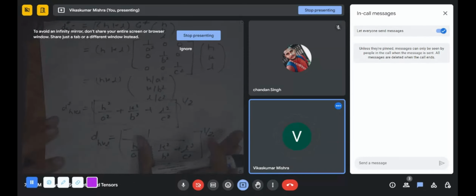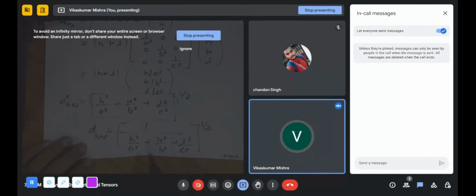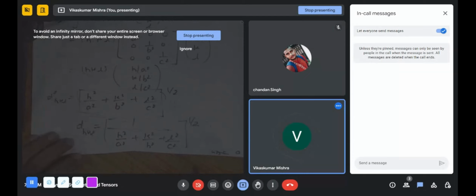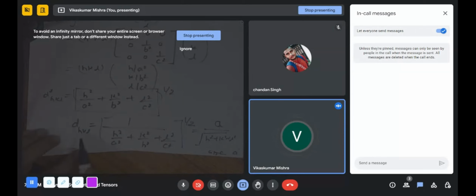Here, if a, b and c are equal to each other, that is the cubic case, let us say, in that case it will be 1 divided by root over h square plus k square plus l square divided by a square. We can take a common and write the d spacing as a divided by root over h square plus k square plus l square.